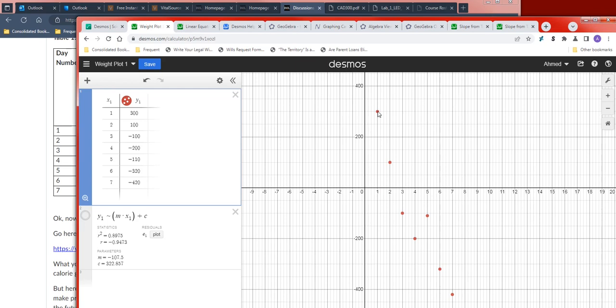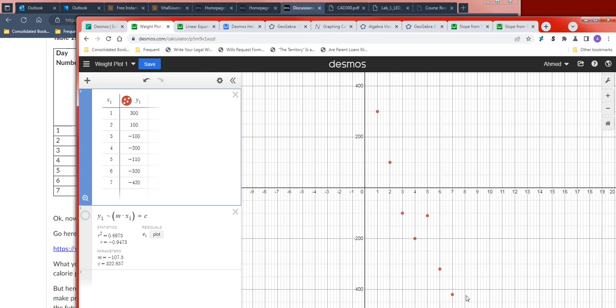So on the first day, he gained calories. There was a net calorie gain of 300 calories, right? And then on the next day, day 2, there was a net calorie gain of 100 calories. And on the third day, there was a net calorie loss of 100 calories, and then so on and so forth.